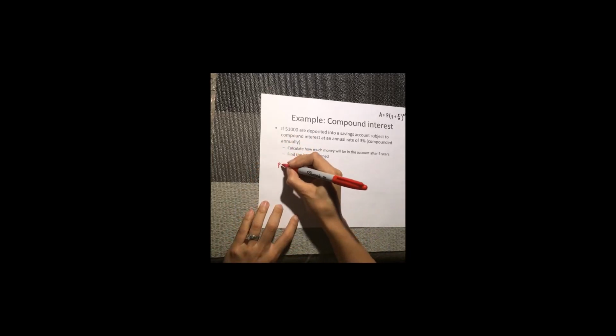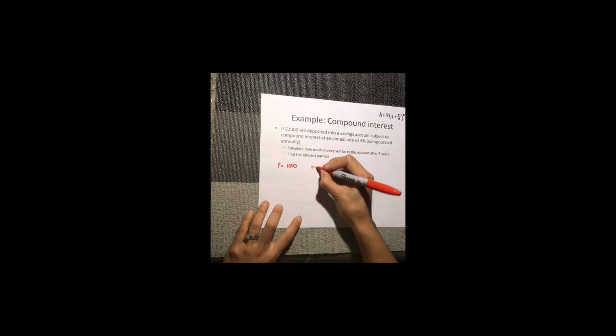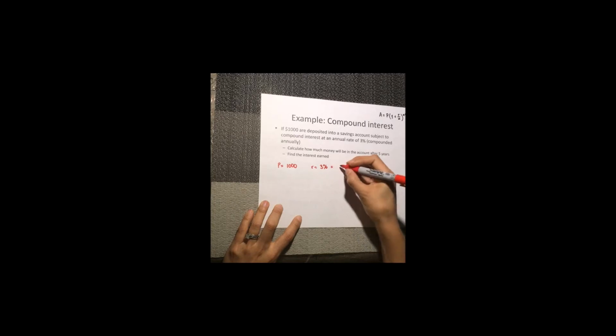So the first thing we're going to do is identify what we have. We have $1,000, which is going to be our principal, or the money that we start with. Then it says that we have an annual rate of 3%, so the rate is going to be 3%. And we said that we were going to express that in decimals, so we're going to write 0.03.